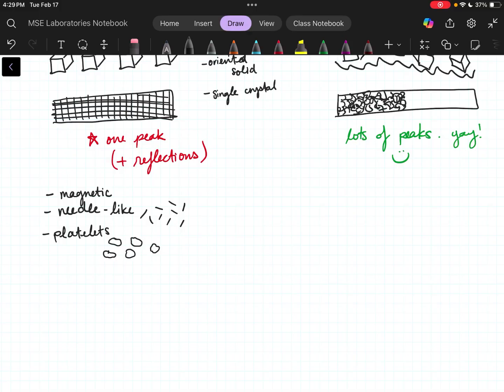It's flat and thin, sort of like a plate. All of those are going to interact with each other. They're going to stick, they're going to align. And things that are highly staticky are also going to orient themselves similar to a magnetic sample would.